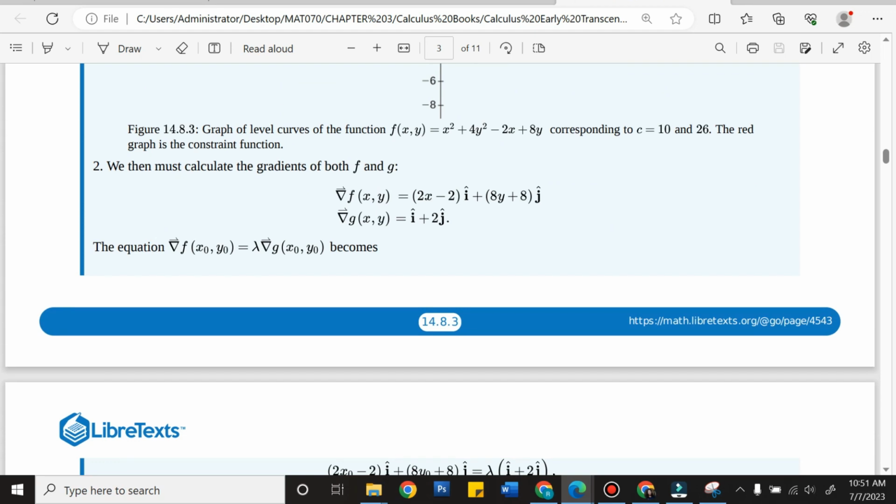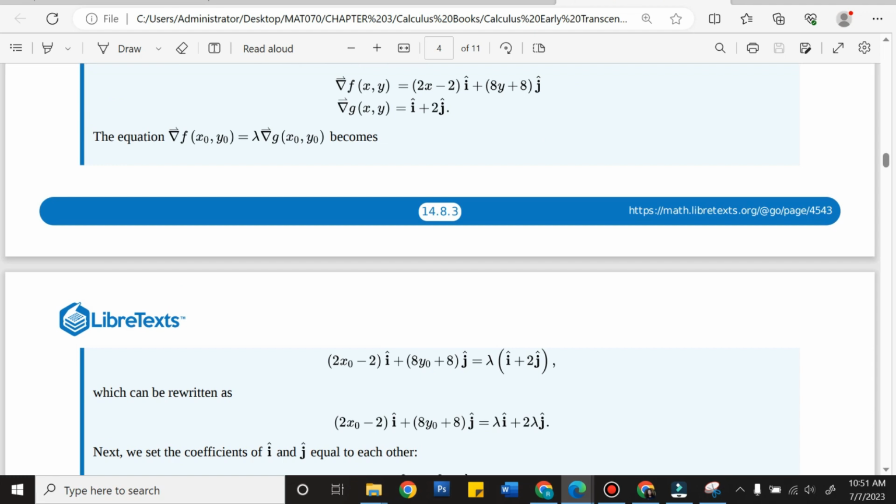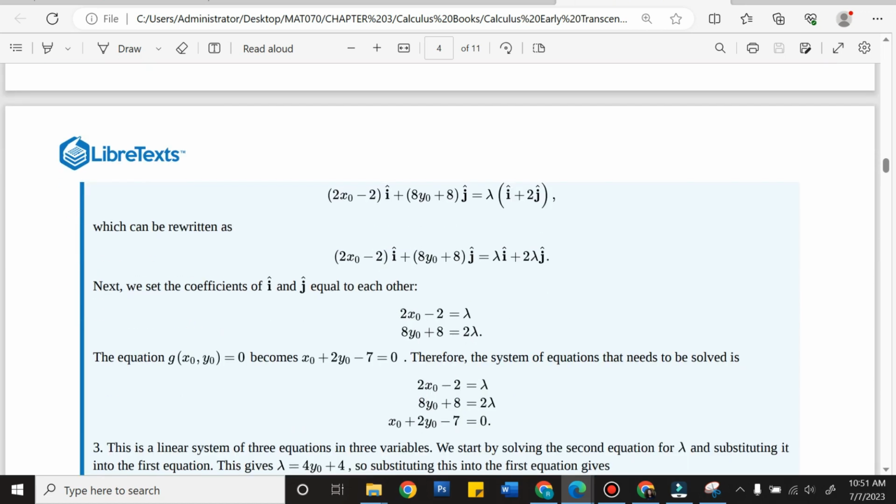Now, we will have the gradient of f at x sub o, y sub o equals lambda times the gradient of g at x sub o, y sub o. So we will have f from earlier, where our x sub o, y sub o do not have values yet, and our gradient of g is i plus 2j. Then, from here, the i components are equal.